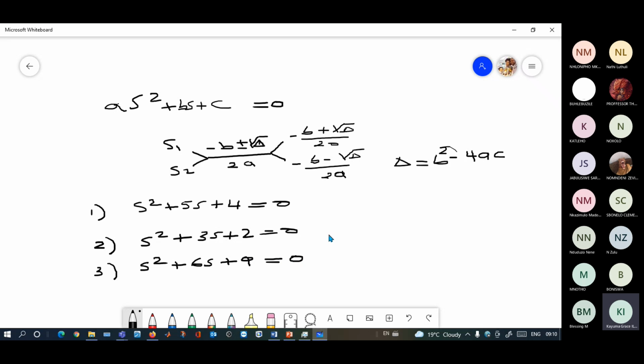So you can try to solve these three problems and find the solutions.